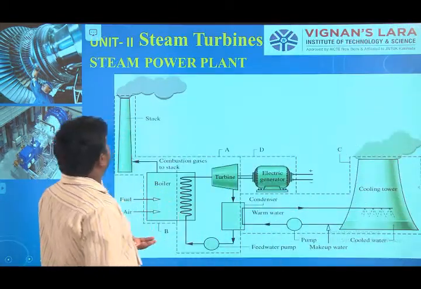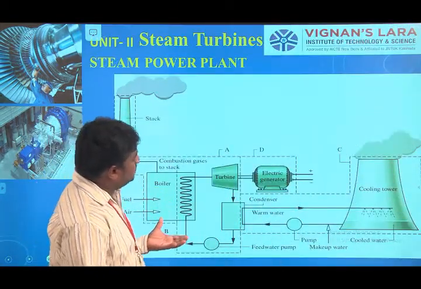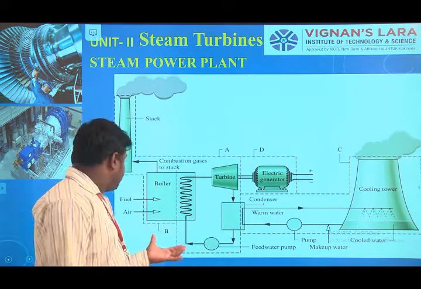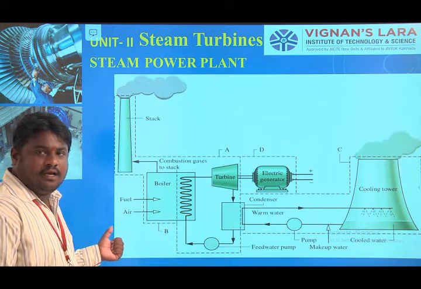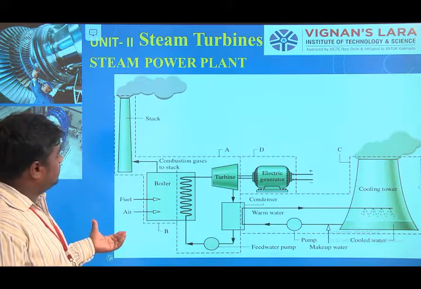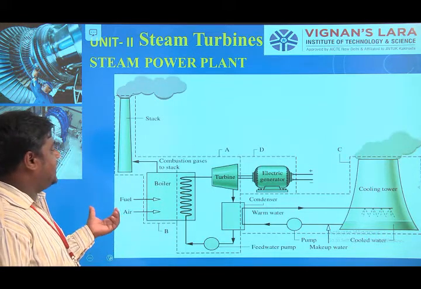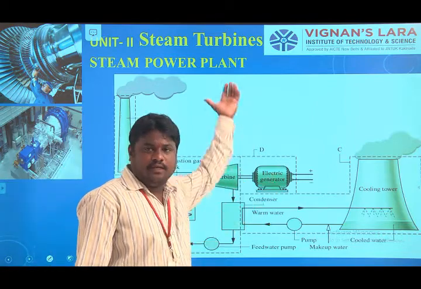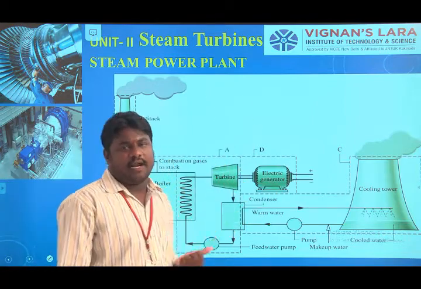This is the layout of a steam power plant. We have to see here, this is the general layout of a steam power plant. Finally we achieve the power, we get the power from power plants.